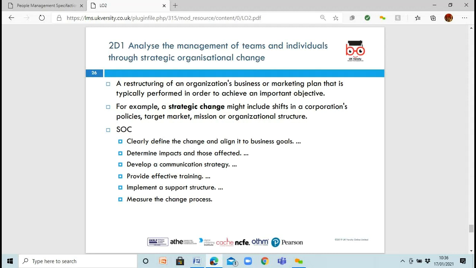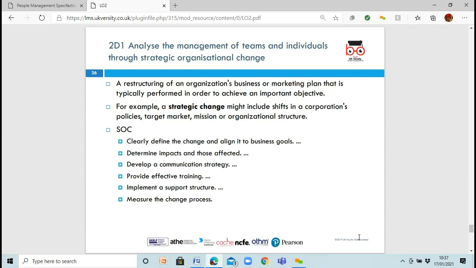So that was 2M1, where we evaluated the external factors which impact on the management of individuals and teams. Now we're going to look at our distinction question, 2D1. Analyze the management of teams and individuals through strategic organizational change. A restructuring of an organization's business or marketing plan is typically performed in order to achieve an important objective.